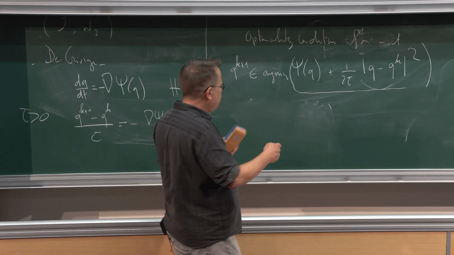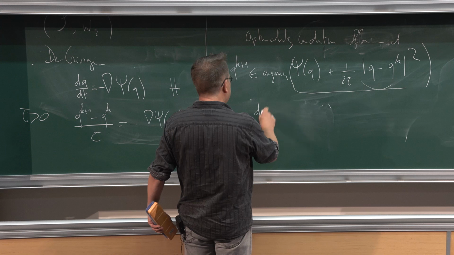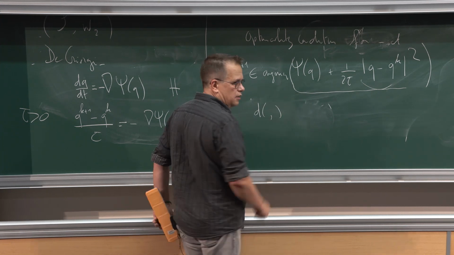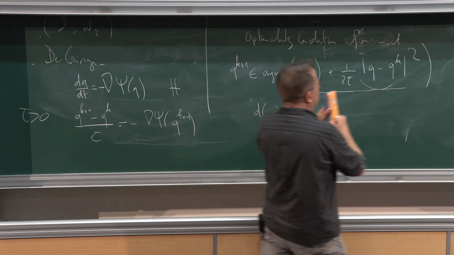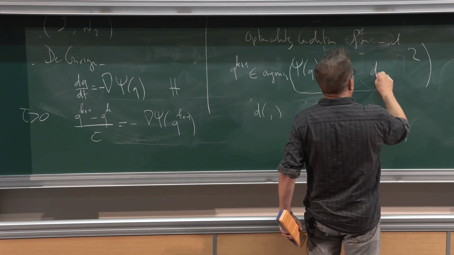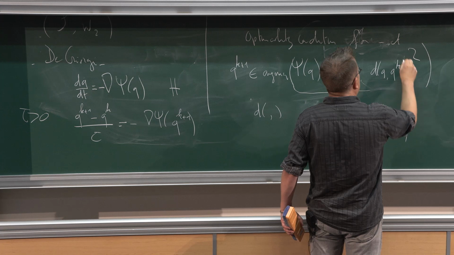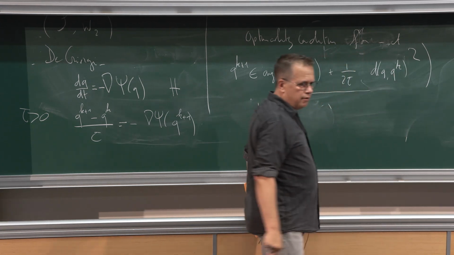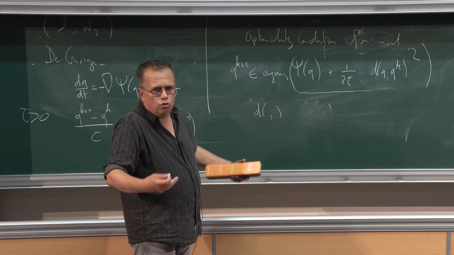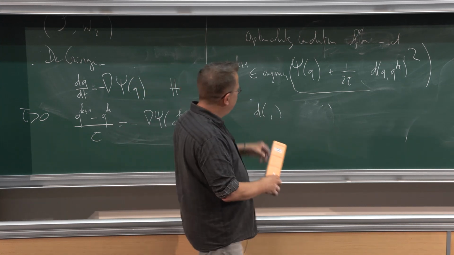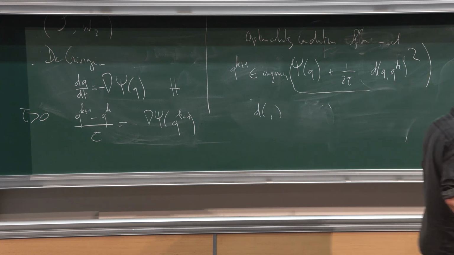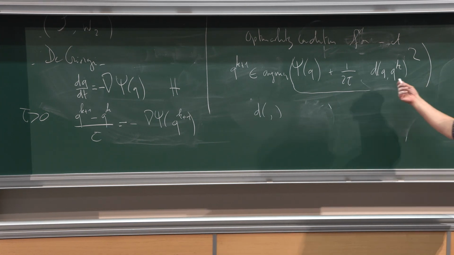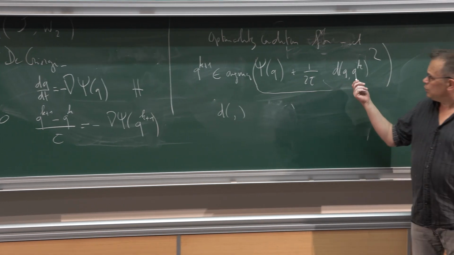And the trick is simply, if you are in a metric space with some general metric, with no linear structure, you can just replace that by d of q and qk, squared. Imagine you are in a quite general metric space, and q is some point in this metric space.